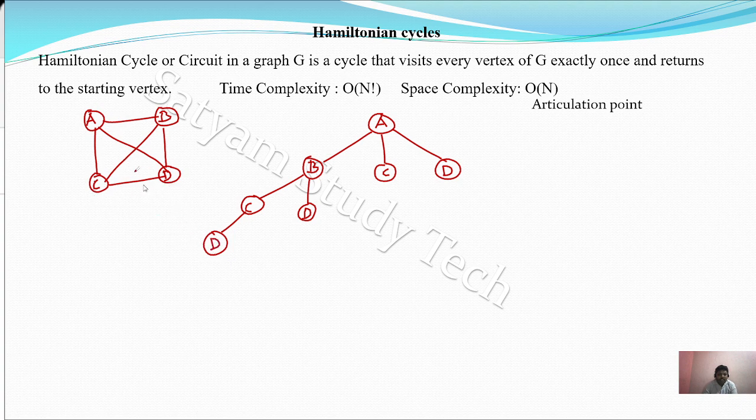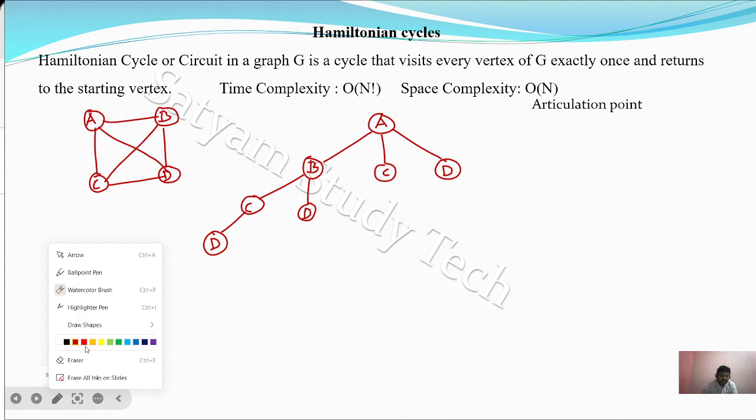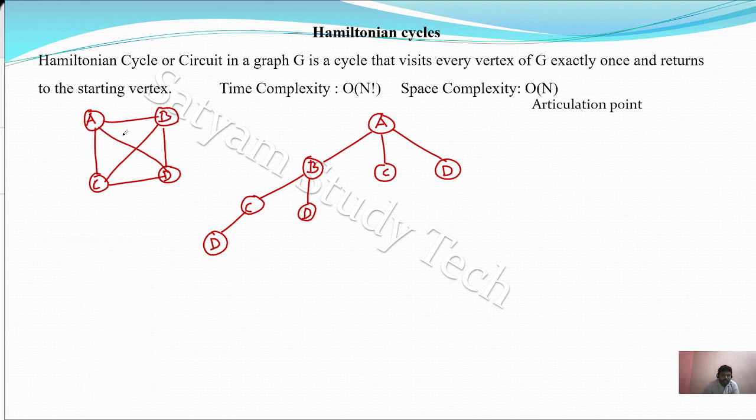C to D, and D to A. So this is one cycle: A to B, B to C, C to D, and D to A. This is one cycle. Now we have to find another cycle.